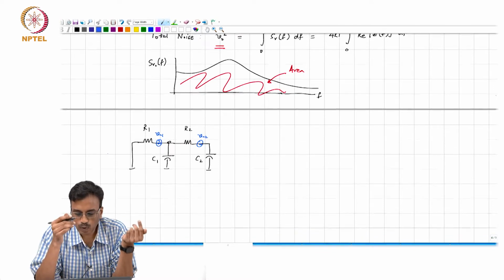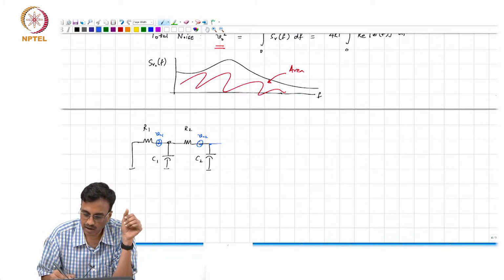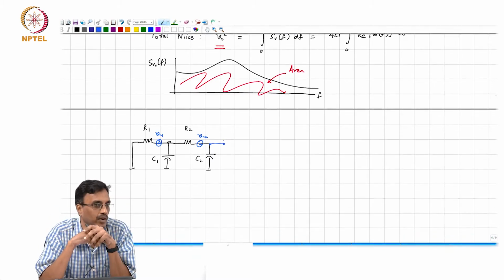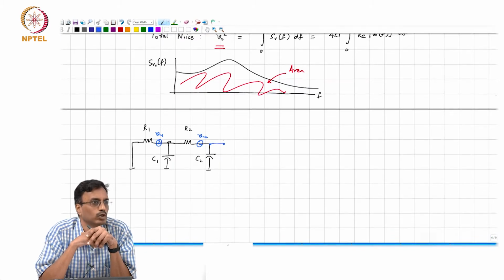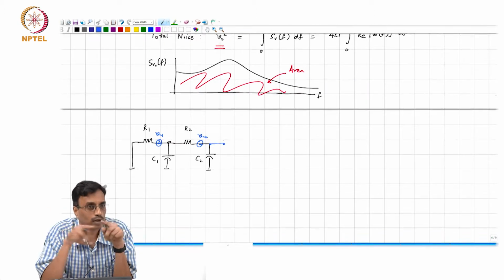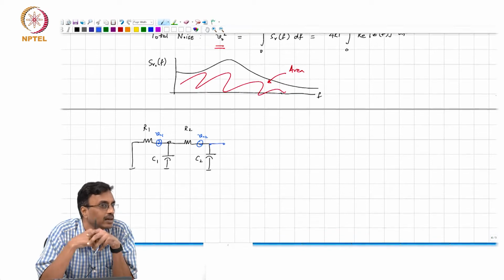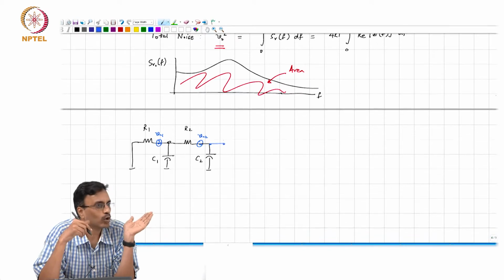And so likewise, the transfer function from Vn2 to the output, let us say we are interested in finding the total noise across C2, that will also be a fourth order polynomial, and then you need to find the integrals of 1 over those fourth order polynomials across all frequencies, right.